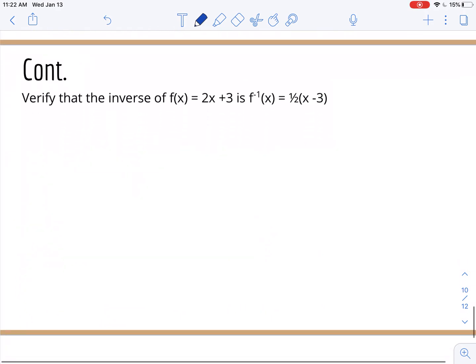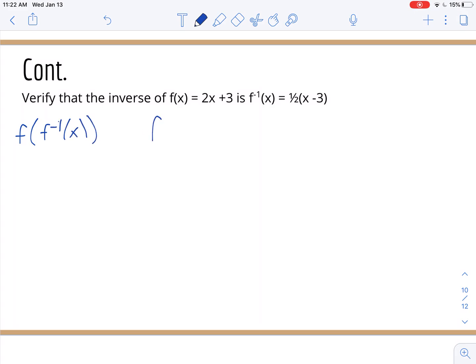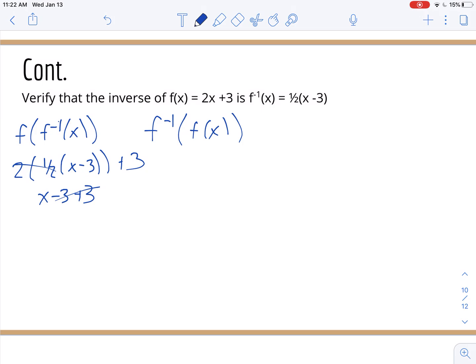And I can do this again. So we're going to verify this. We're going to figure out my function composed with what I'm being told is the inverse function, to check to see if it is the inverse function, and the composition of the inverse function composed with the function. So I've got 2 times 1/2 x minus 3 plus 3. Those cross out. x minus 3 plus 3. Those cross out. This is x.